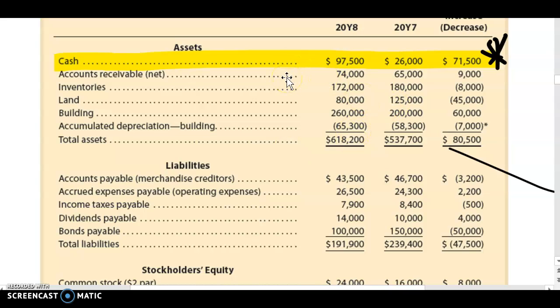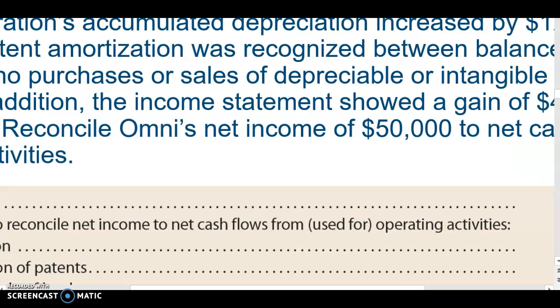Okay, so if you look at accounts receivable, you can see that it started out at $65,000 and it went up to $74,000. So this increase of $9,000 is what we report on our statement of cash flows.